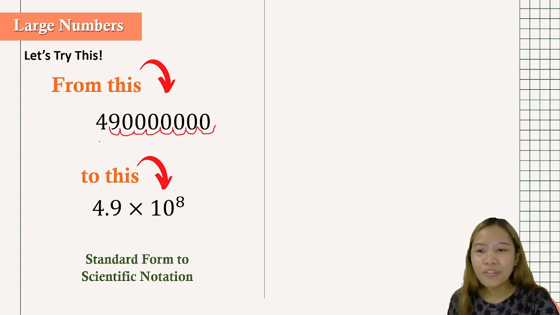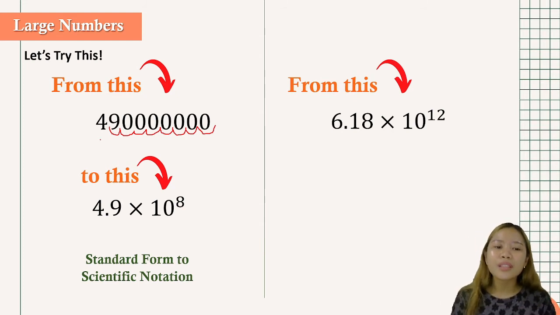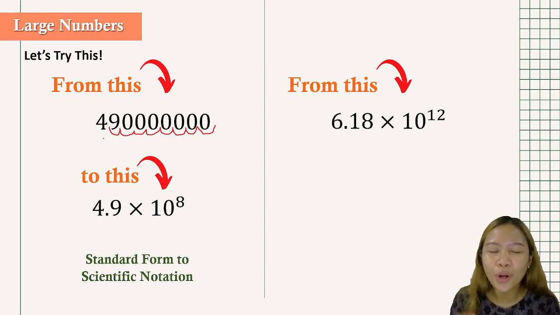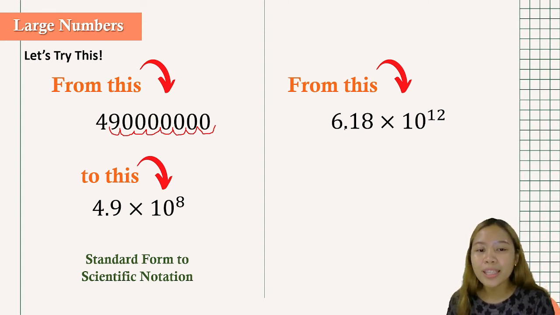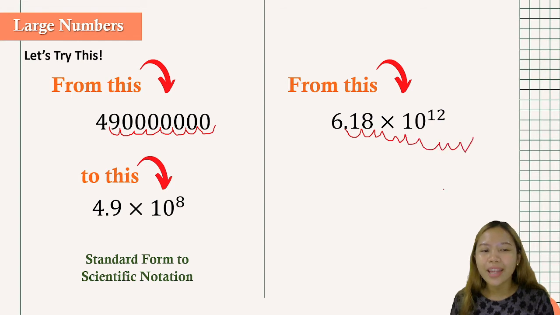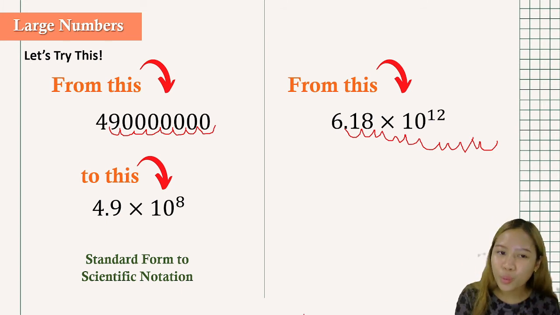Okay, now moving on, let us have this 6.18 times 10 to the 12th. Okay. So we are going to convert this into standard form. Okay, so we will be moving places naman going to the right. Mabalik kita. So we have 1, 2, 3, 4, 5, 6, 7, 8, 9, 10, 11, and 12. Okay, nag-move kita places going to the right, 12 kabilog.